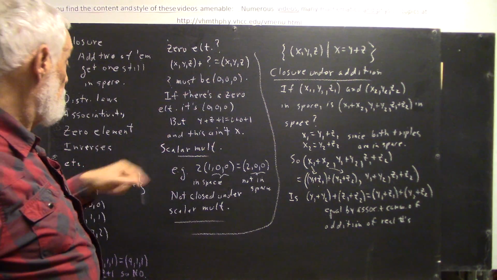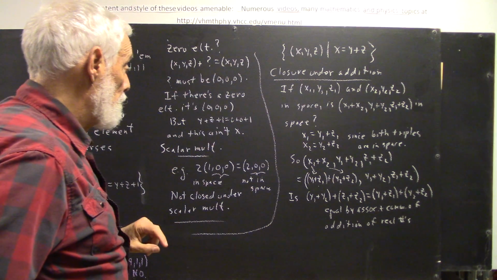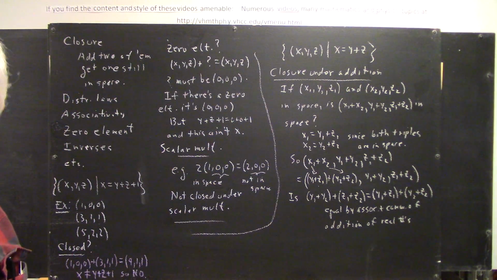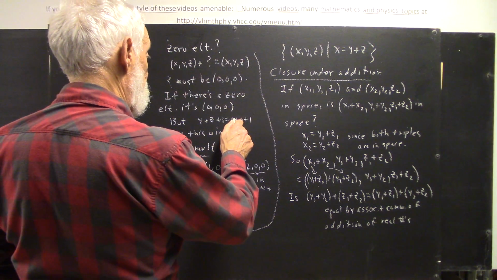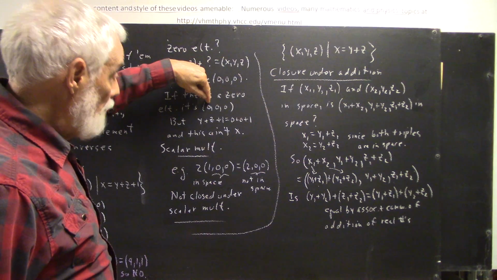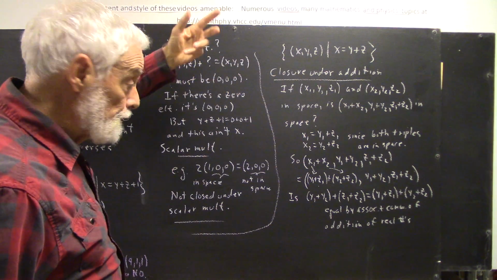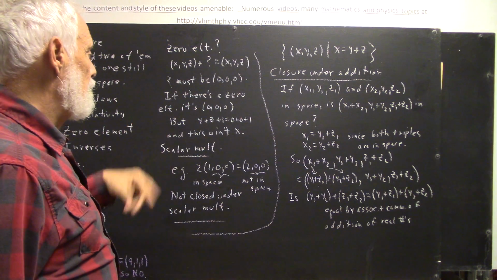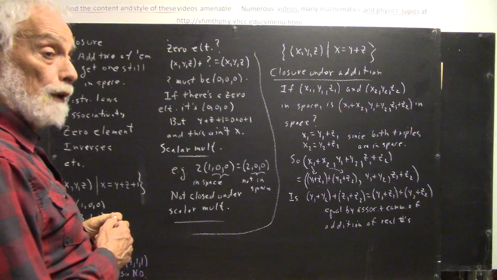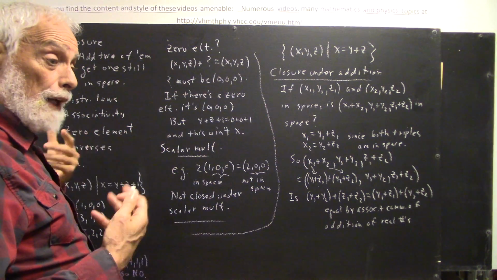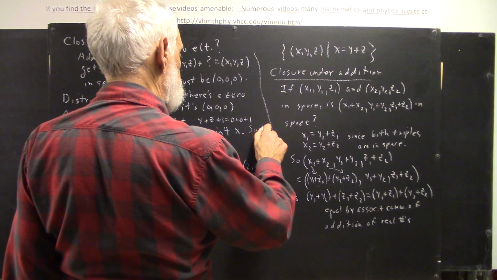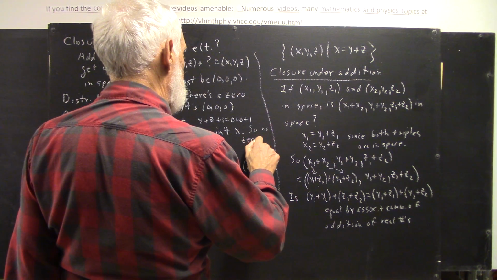So if there's a zero element in this set, it's 0, 0, 0, but y plus z plus 1 for this element would be 0 plus 0 plus 1, which is 1. And that is not the x-coordinate of this, is it? The x doesn't equal the y plus the z plus 1. Our conclusion is that the element that would have to be the zero element isn't in the set. So there's no zero element.